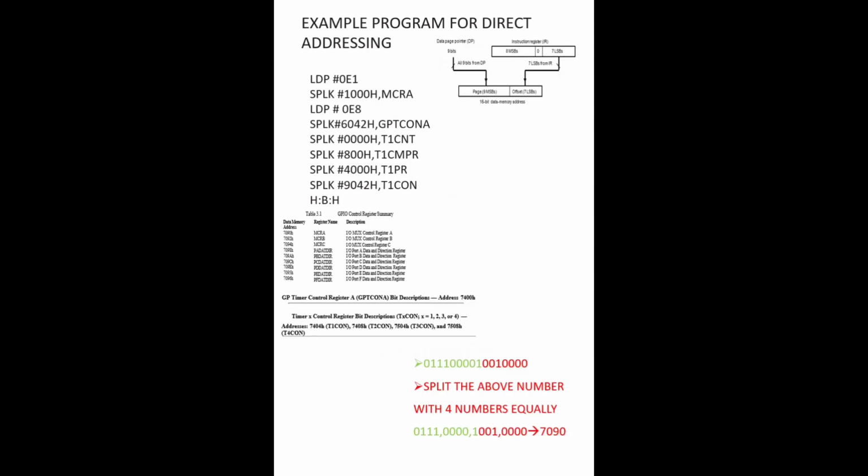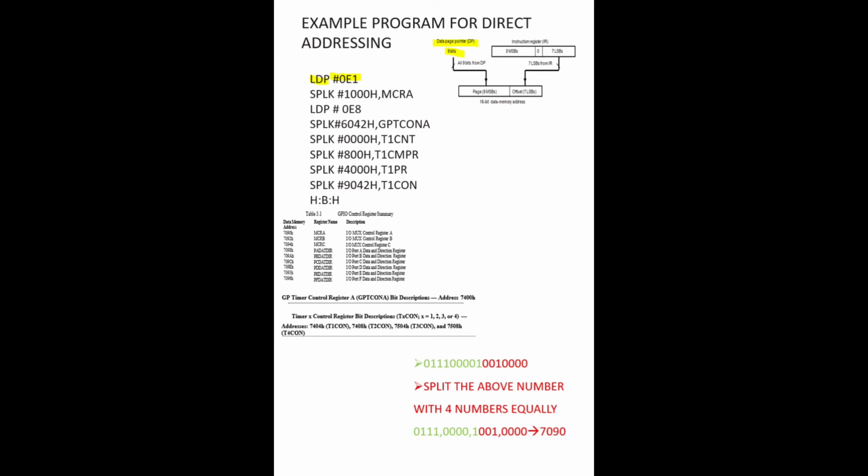Let us take this example program for direct addressing. Already you know that 9 bits you have to give. 9 bits I will be loading. LDP, load data page, asterisk means what? Immediate addressing. 0E1. 0 means it is a single bit. You should not put 4 zeros. 0 means only a single bit. E means 1110. So 1110, that is 4 bits.